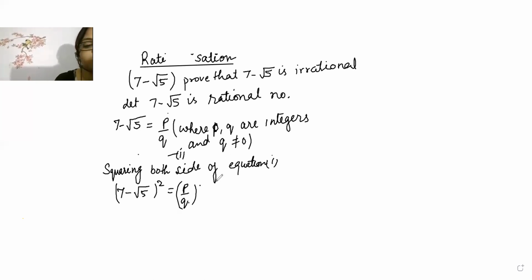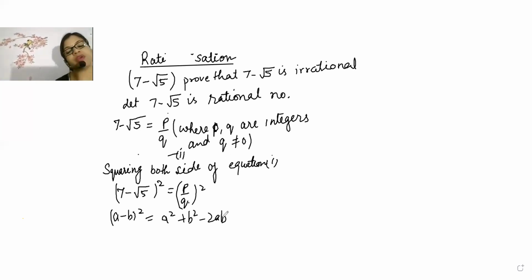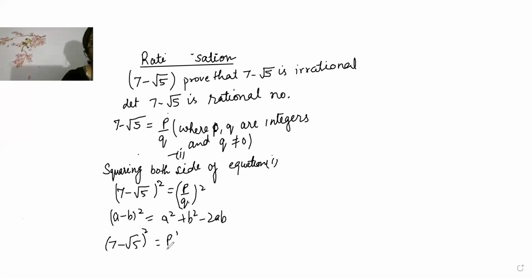Now beta A minus B whole square formula. What is A minus B whole square formula? A minus B whole square formula is A square plus B square minus 2AB, yes or no? So here also 7 minus root 5 whole square you have to do. So 7 minus root 5 whole square is equal to P square by Q square beta.